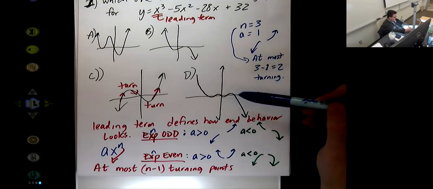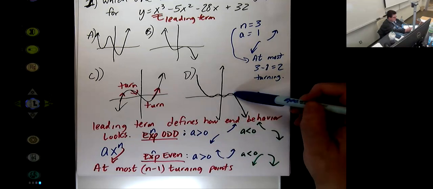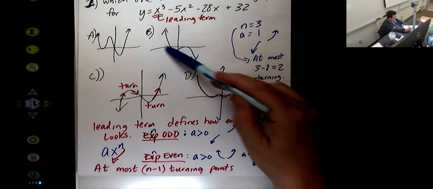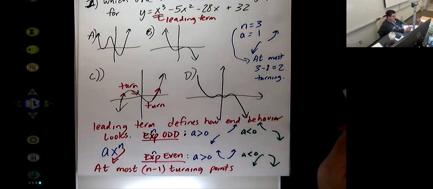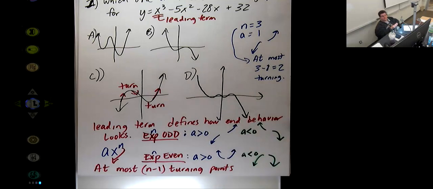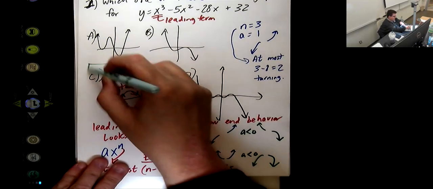If A was negative, D would still be out because there are too many turns. Here, there's only 2 turns. But A is positive, so it's going to be C on that one. C, final answer.